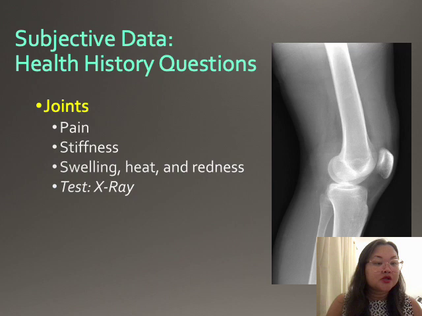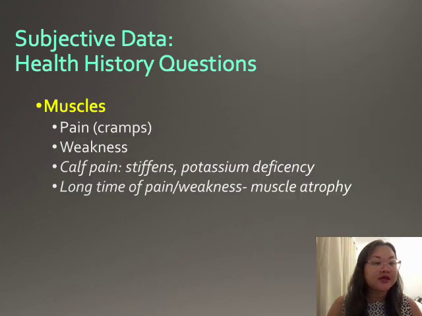Now, moving on to muscles, you might ask if they've experienced any muscle cramping, and specifically what muscle, of course. If they've had any pain with walking, any weakness or loss of strength. You want to ask where that weakness or loss of strength has been, or any signs of atrophy.